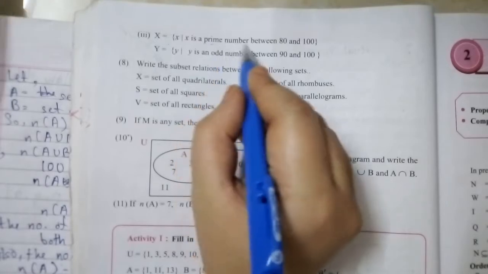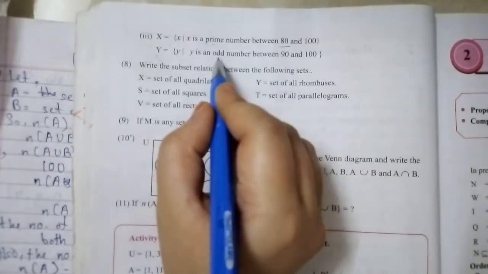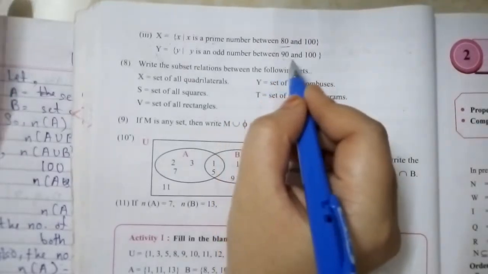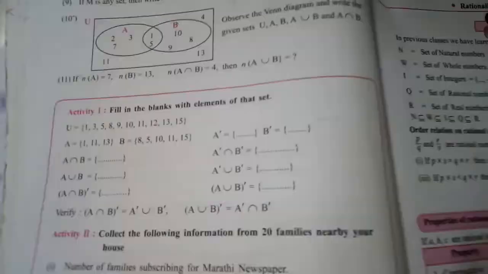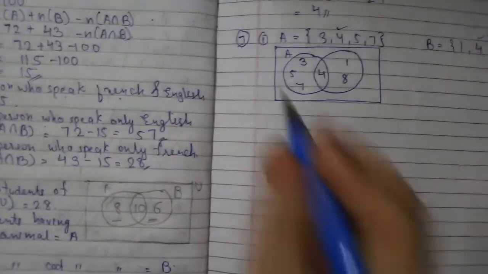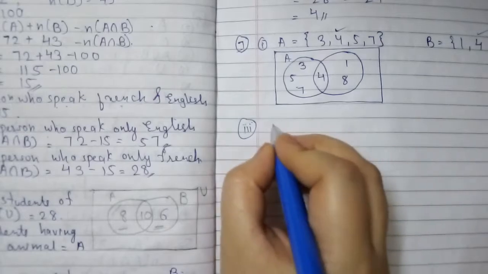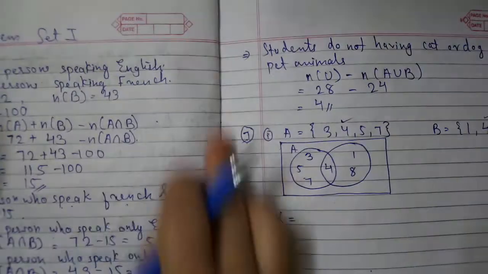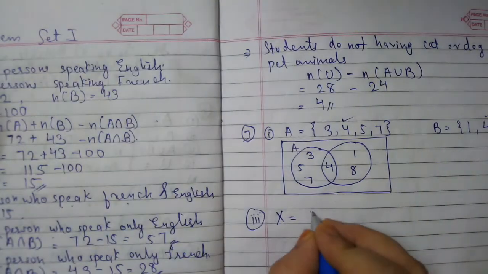So here it is a prime number between 80 and 100, and for Y we have the odd numbers between 90 and 100. Students, first we will write the given condition. Set X is given, that x is a prime number between 80 and 100.